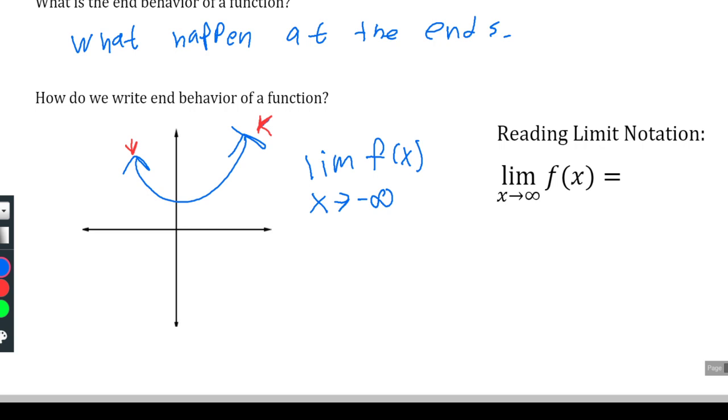So f of x is just our function, and that equals... So if we look as x gets really small for a parabola, we know it is going to infinity, or as it gets really far to the left, it is still going up, it's still increasing. And like we said, for the limit as x gets really far to the right, the function is heading towards positive infinity. So what it's saying is, as x increases, f of x is increasing.